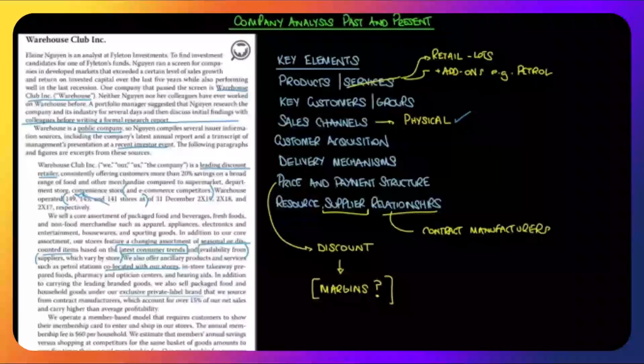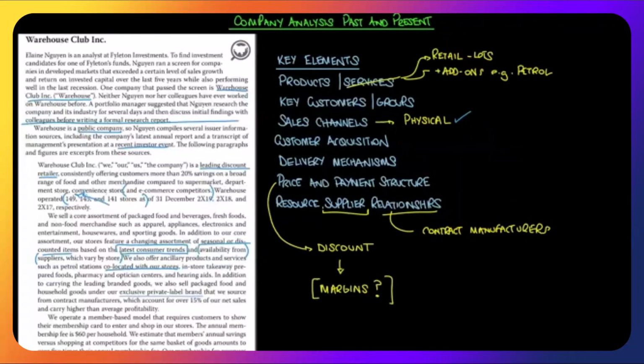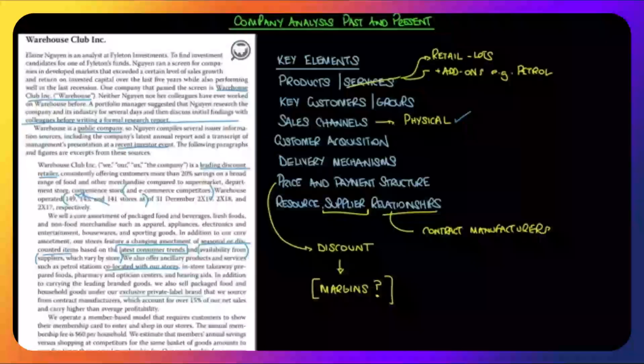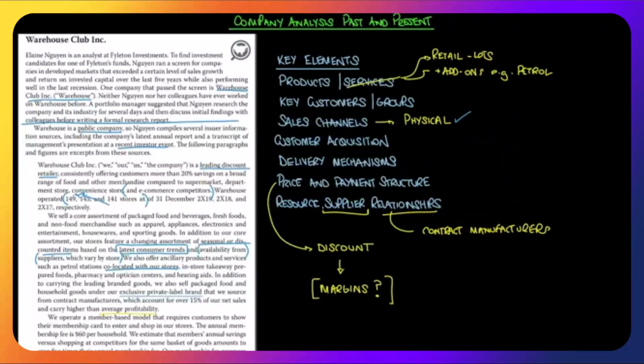They're certainly not making it. It accounts for over 15% of our net sales and has higher than average profitability. So they are key for their own brand. One of the most profitable lines they have, they need to maintain those relationships.